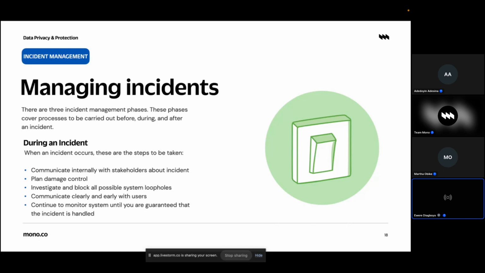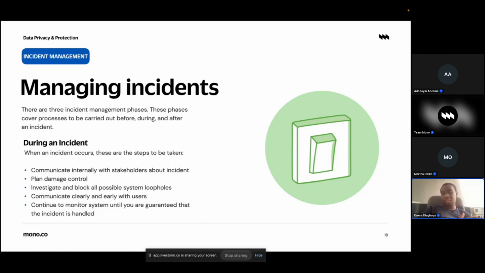Now, the next is to continue to monitor the system until you are guaranteed that the incident is handled. It's very important, because with incidents you can never tell how long an incident could last. It all depends on the damage control and the mitigations that have been carried out. If those damage controls and mitigation steps are not carried out properly, an incident can occur for a very long time.